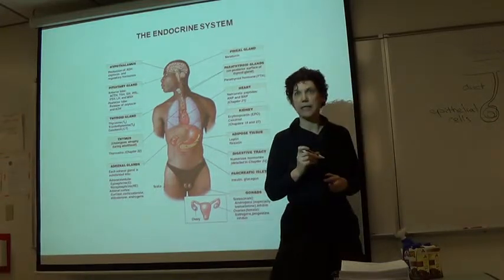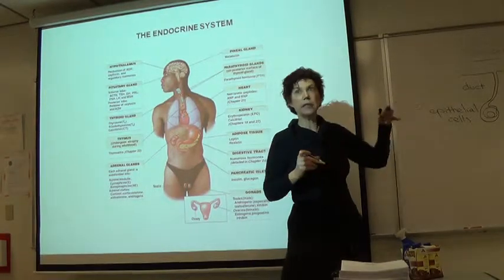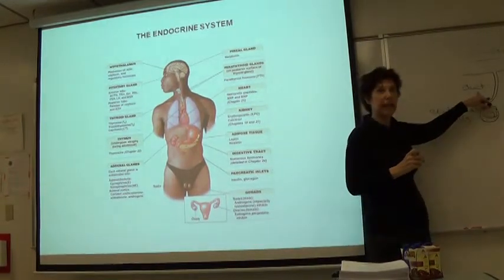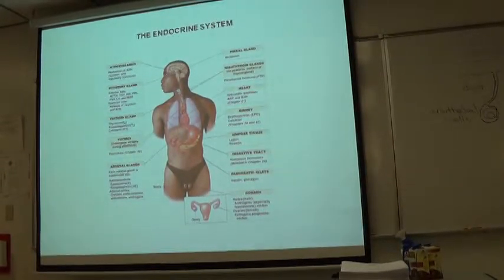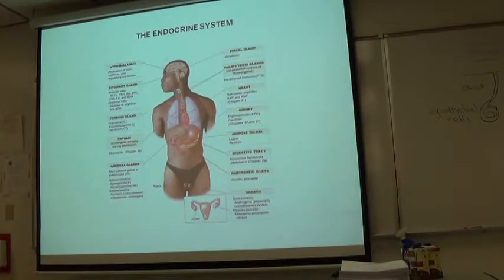Okay, but the cells are still epithelial cells by characterization. Most of our endocrine glands actually started out appearing like this with the duct, but that connection to the surface disappears. Okay? So a duct is absent, but we still have epithelial cells. So the secretions are distributed rather than via duct.